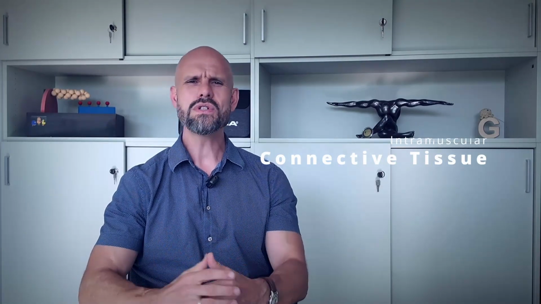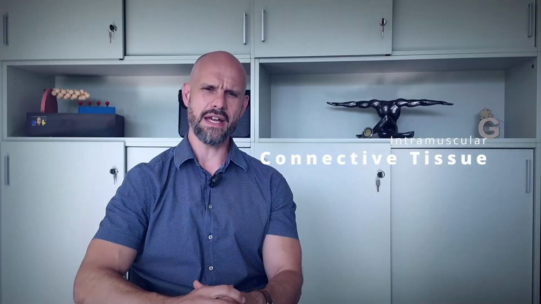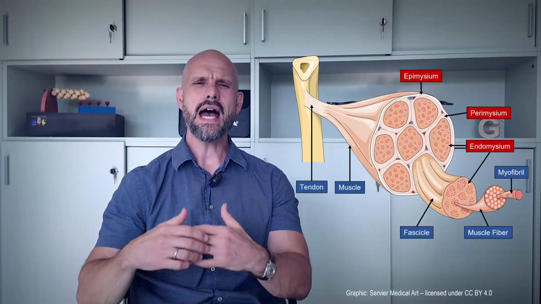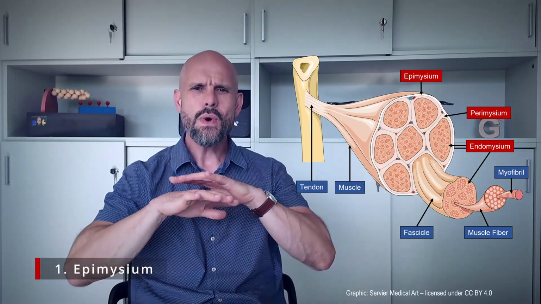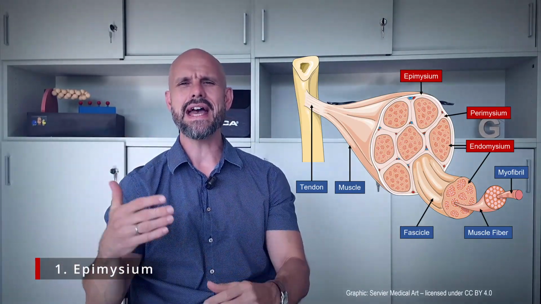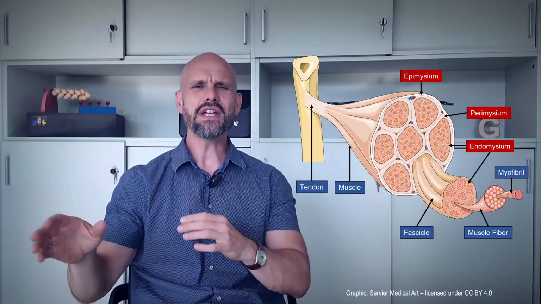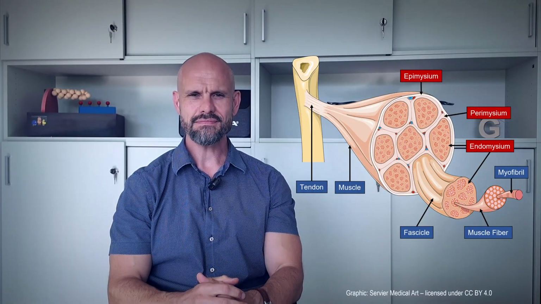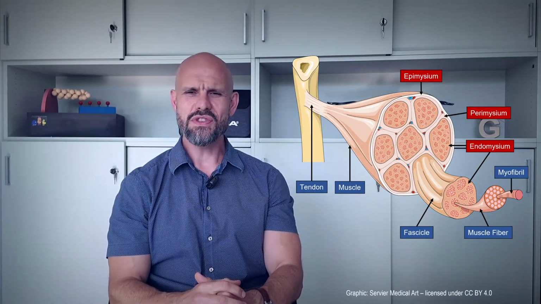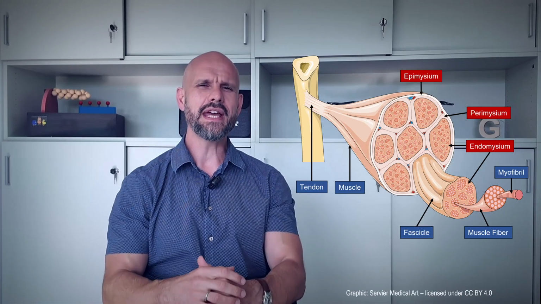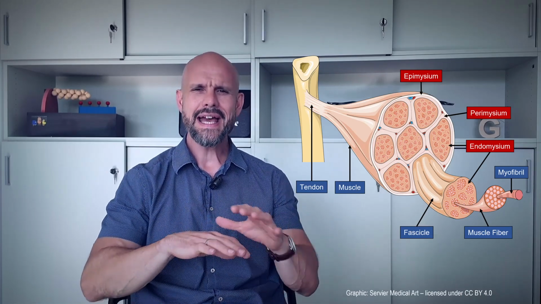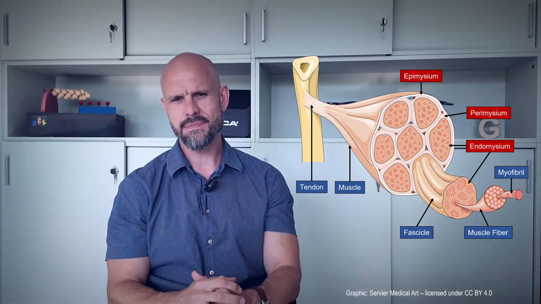So let's have a closer look at the connective tissue layers. We distinguish three distinct layers. First of all, there is the epimysium, and this surrounds the entire muscle and anchors it to the surrounding tissue and tendons. It also connects to the deep fascia, forming an interface between muscle and surrounding compartments.